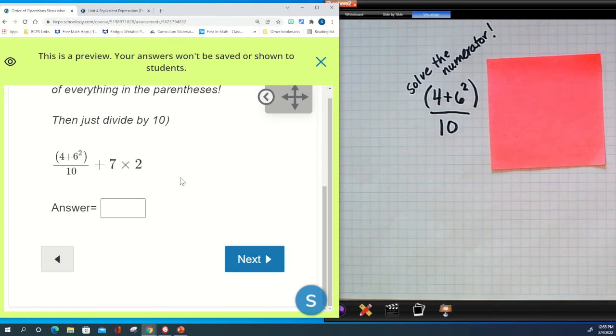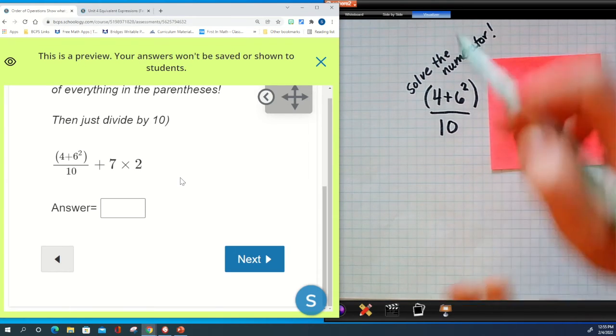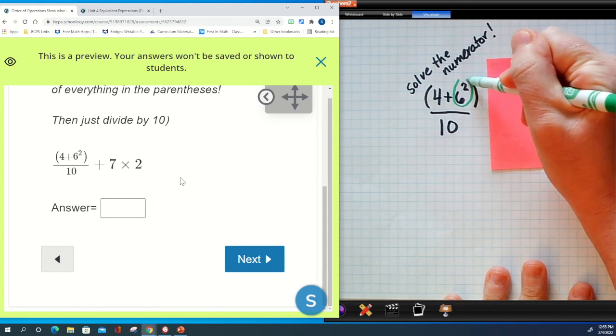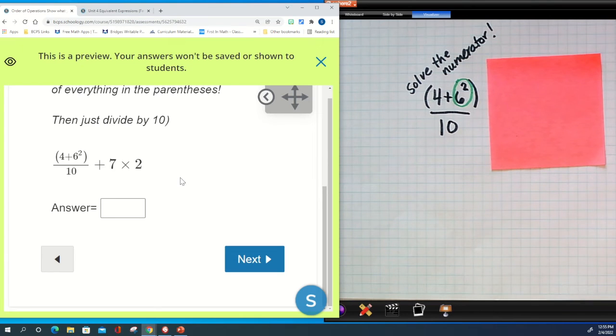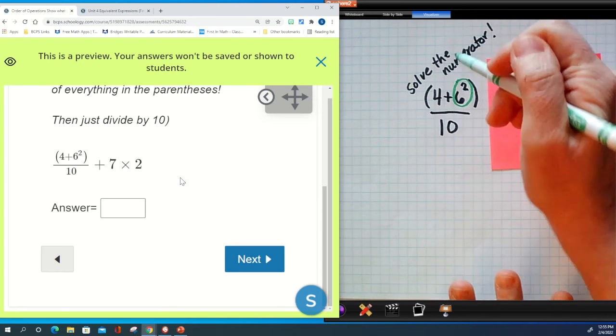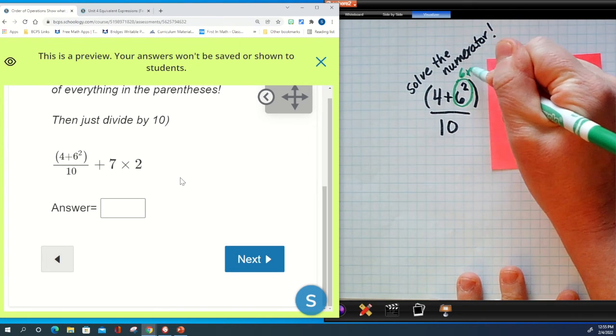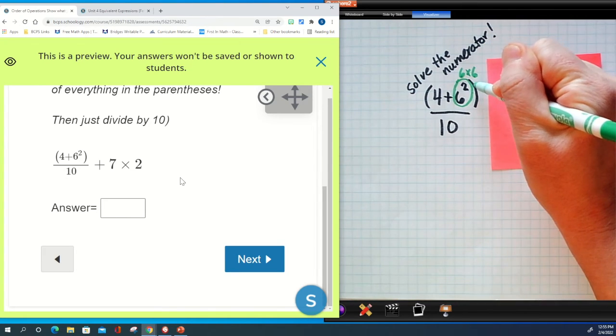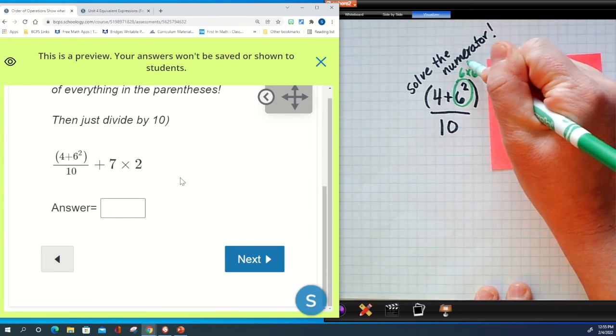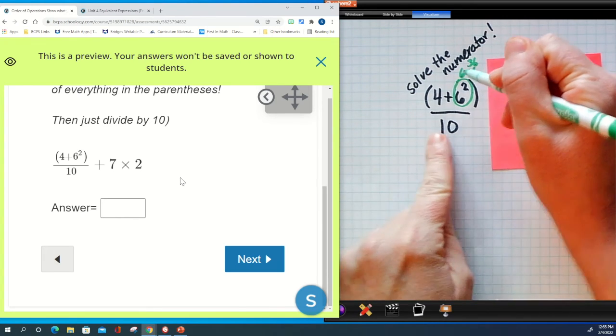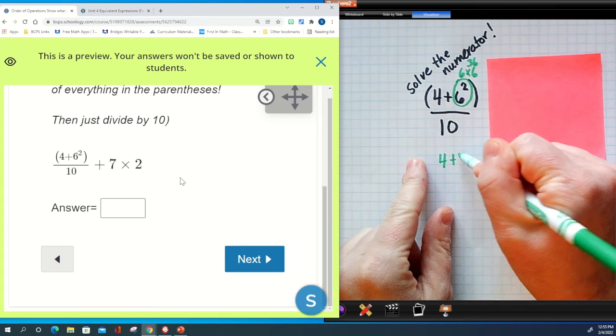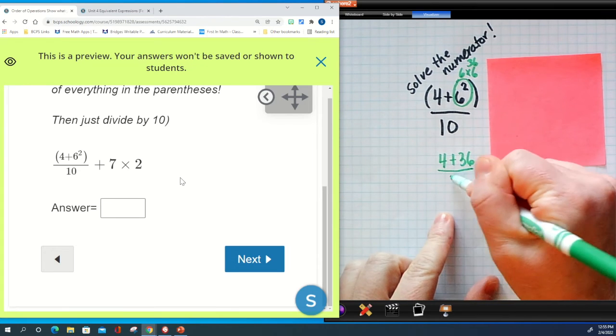All I care about is this. 6 to the second power. What is 6 to the second power? Well, it's not 6 times 12. It's 6 times 6. 6 times 6, that equals 36. Okay, so we have a little bit of math to do here. So we know we have 4 plus 36 that we're going to divide by 10.